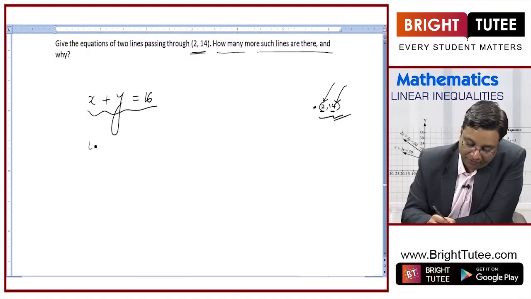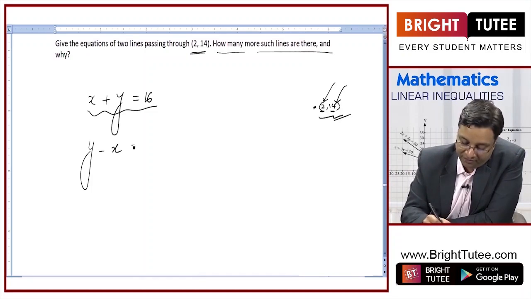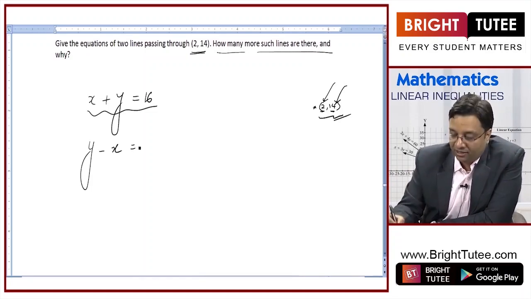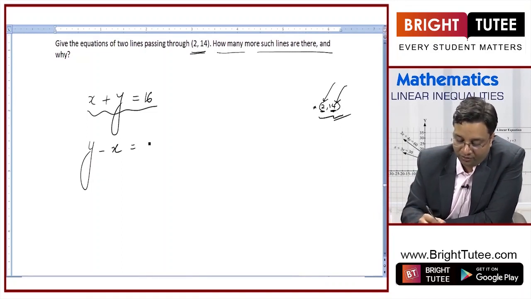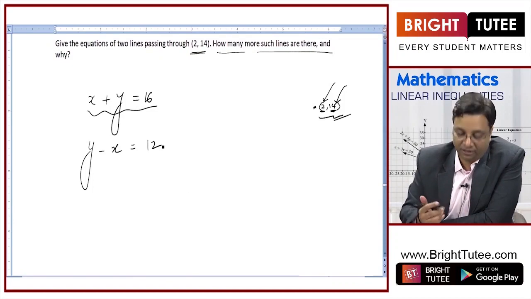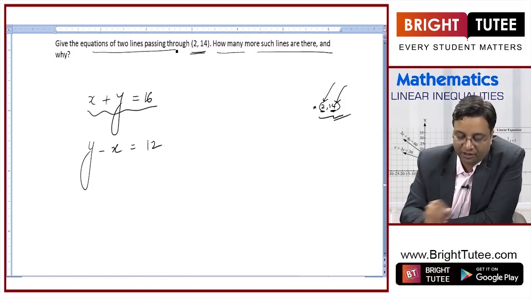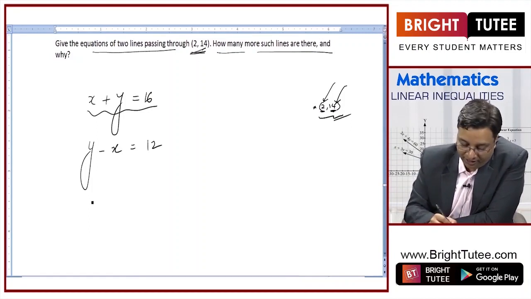Okay. Now if you write y minus x, and see what will be on the right hand side. Look at what is y coordinate, 14, x coordinate 2, so 14 minus 2 will be 12. So this is another equation, right? This is the way to write these equations. These are two such equations for lines passing through this point. Now I can keep on writing such equations.